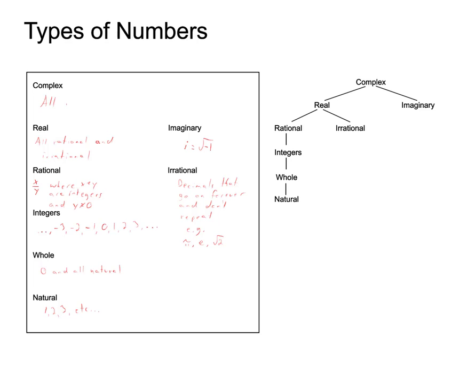Complex numbers are all real and imaginary numbers. And these can be represented by this formula, a plus bi, where a is the real component and bi is the imaginary component. So b can be a number such as 1, 2, or 3, or 1.5. It just represents the number of times that i shows up.